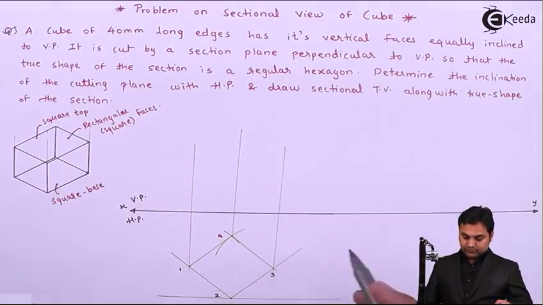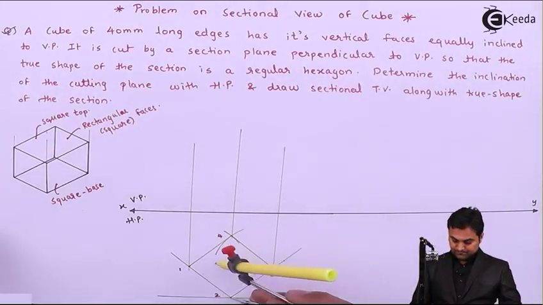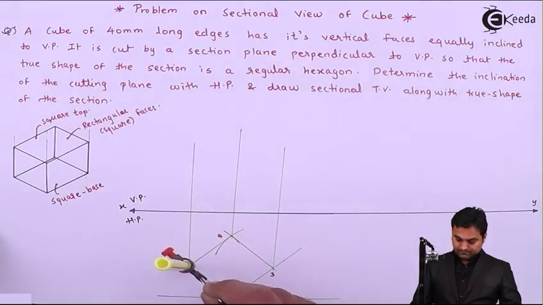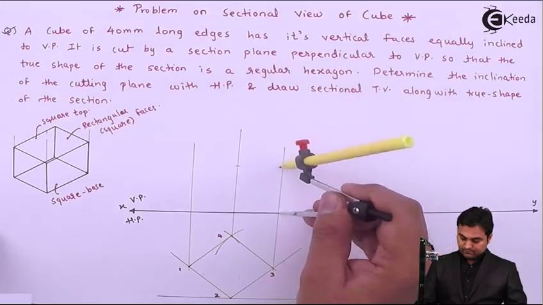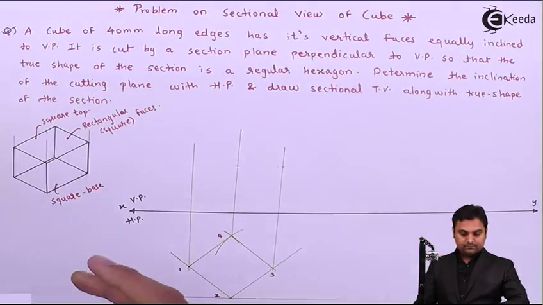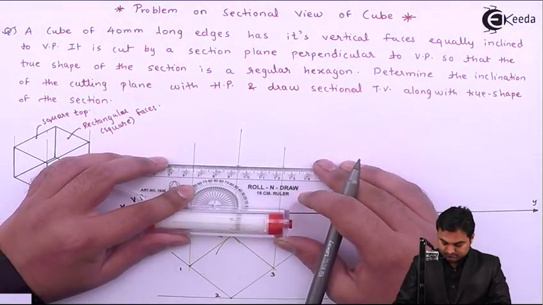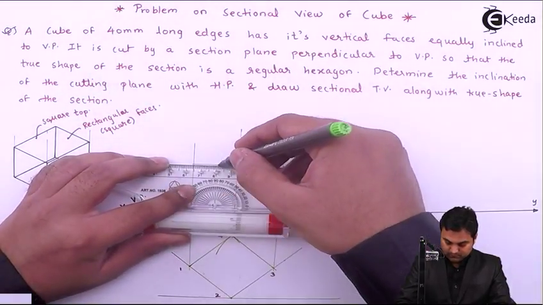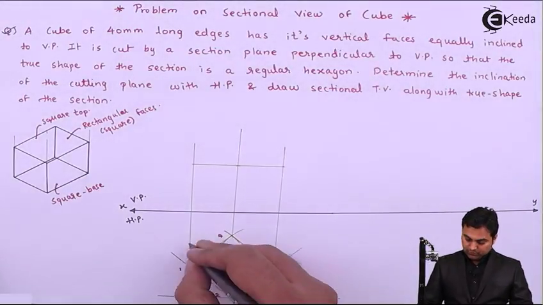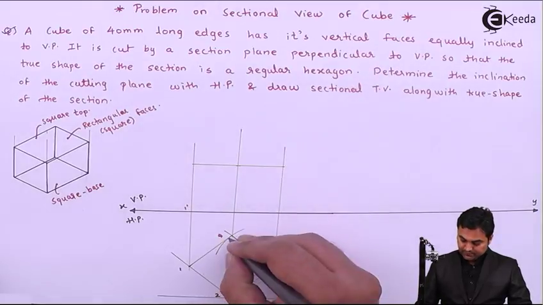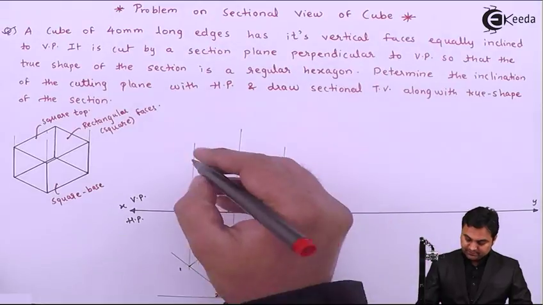Then the height will be equal to 40 mm. Joining it with light lines. Then the notation: 1 dash, this will be 2 dash and 4 dash at the bottom, here 3 dash, similarly at the top.